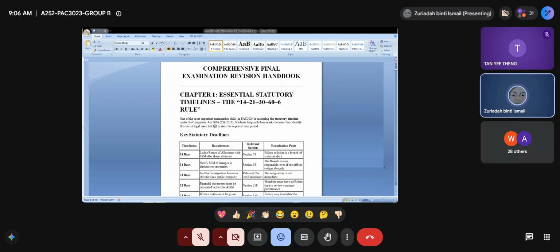The essential matter, one of the important skills, is mastering the statutory timeline.